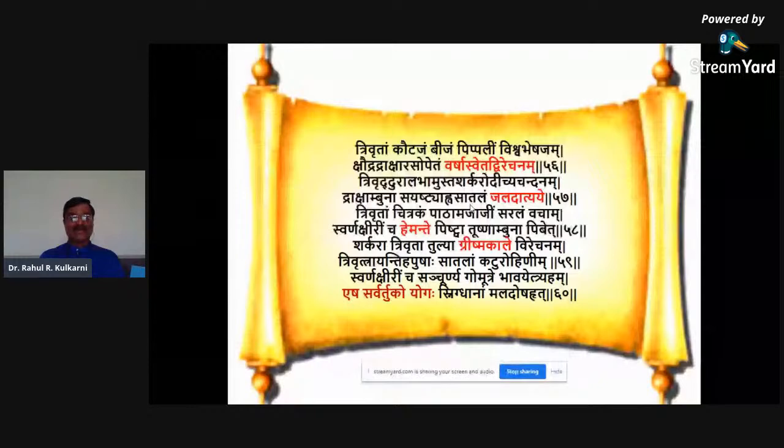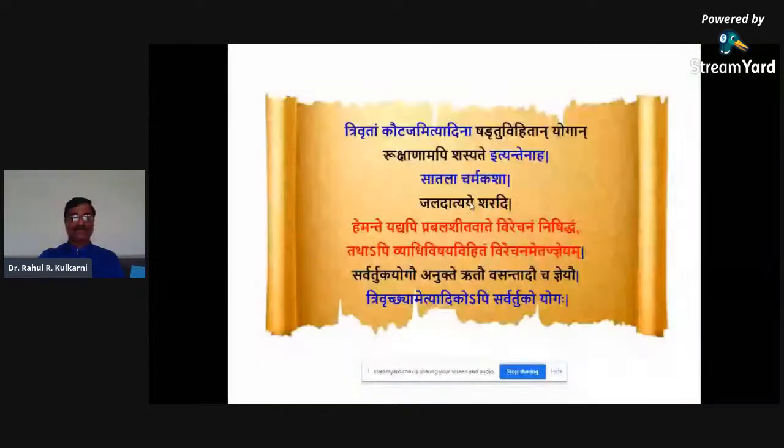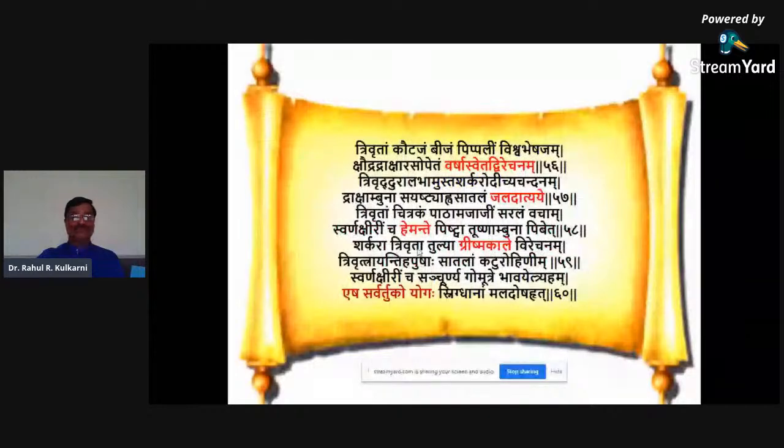There Chakrapani says that the last yoga, which has been said as Sarva Rutu Ko Yoga, can be applied. What he says is: Sarva Rutu Ko Yoga Anukte Rutau Vasantadau Cha Deyah. So for the 2 Rutus which have not been mentioned with specific Rutu Virechaka Kalpas, the last Kalpa can be considered.